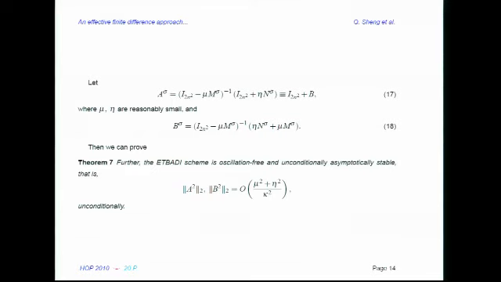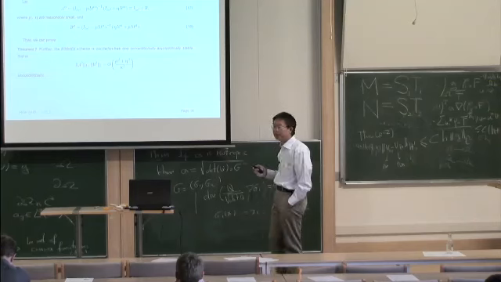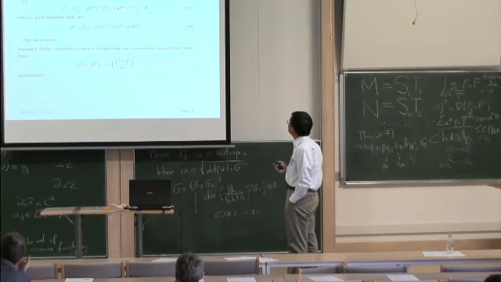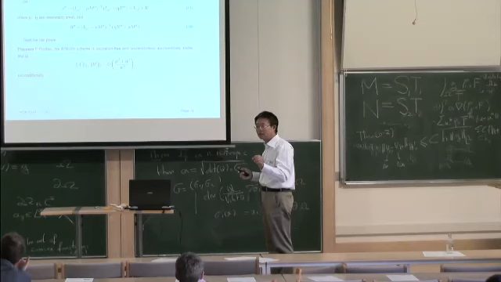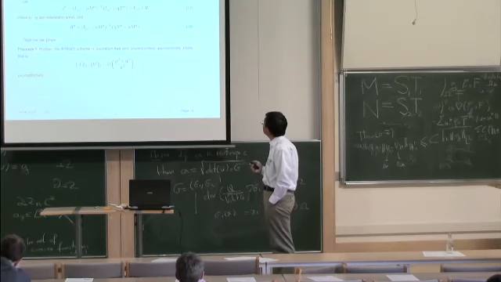And be careful. In the classical discussions of implicit methods, such as the Crank-Nicolson method, if these two matrices N and M are the same matrix, that's a piece of cake. That's obvious. But now these two matrices are different. Look at that.